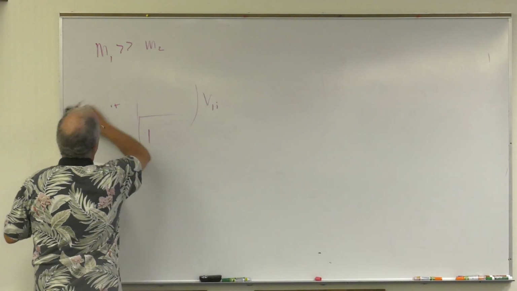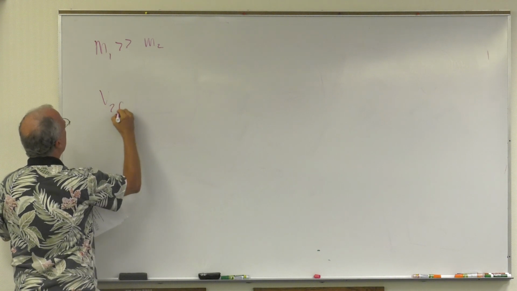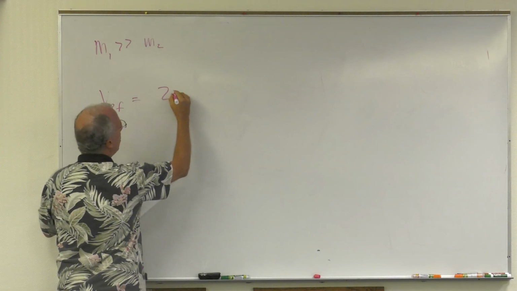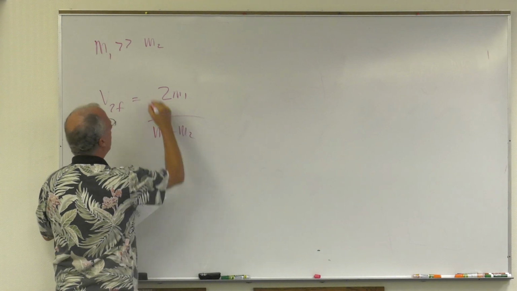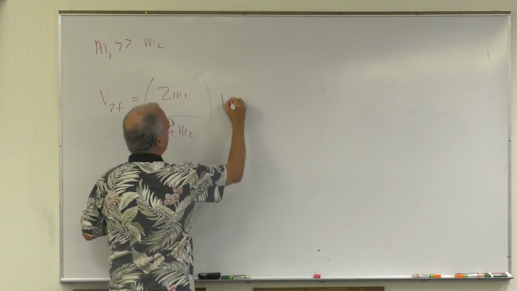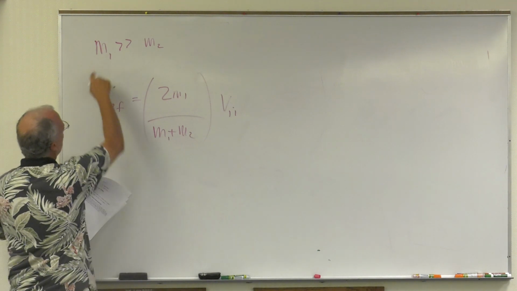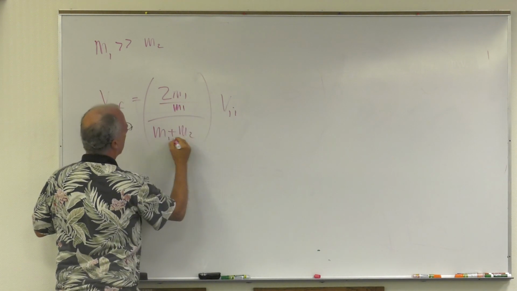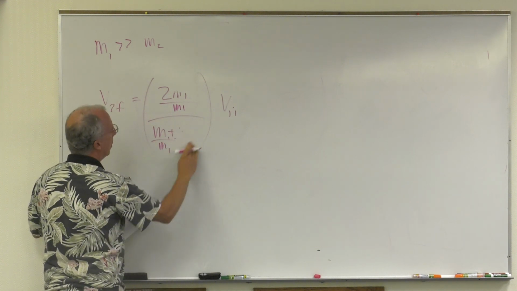All right, let's do the other one. V2 final equals 2M1 over (M1 plus M2) times V1 initial. Again, you divide by the larger mass, which is M1. M2 over M1 is 0.